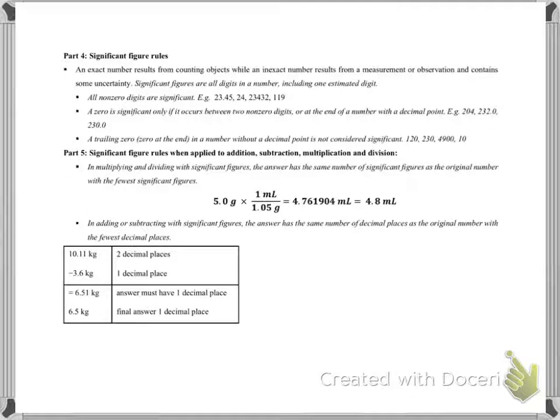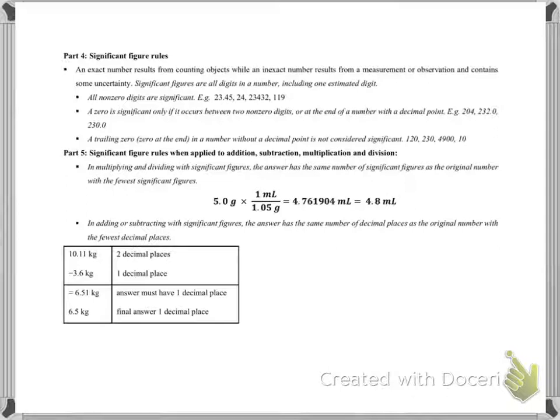So we apply these rules only on the measurements, we don't apply these rules on the exact numbers. For example, students sitting in the class, that's not a measurement, so we do not apply significant figure rules there. We apply them on the measurements.